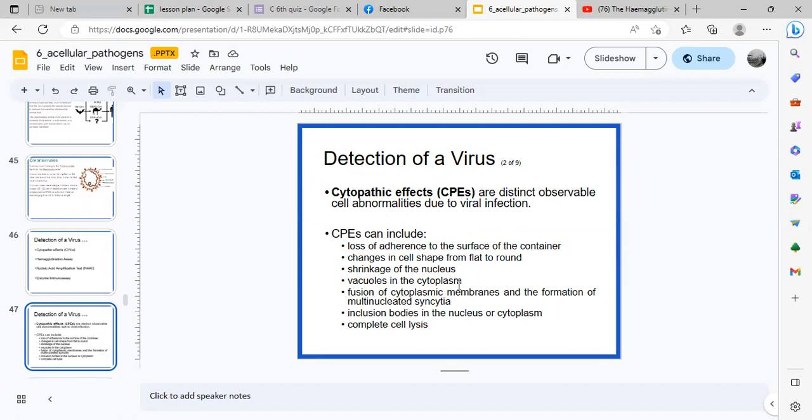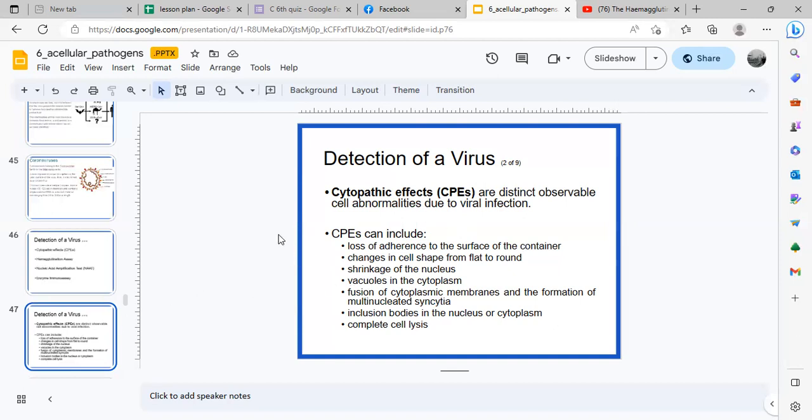You can have vacuoles in the cytoplasm, shrinkage of the nucleus, changes in cell shape from flat to round, or loss of adherence to the surface of the container. So these are all possible cytopathic effects that can be observed through the microscope.